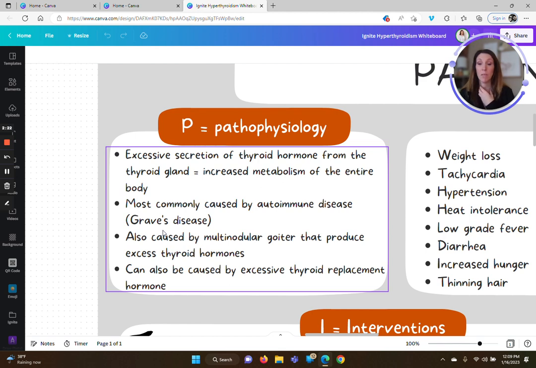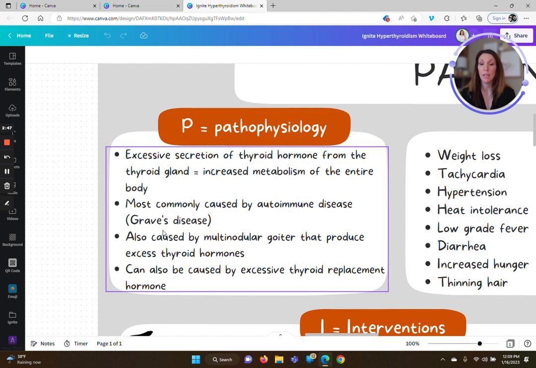And some of these growths can actually produce thyroid hormone. So this multinodular goiter, which is a reason for hyperthyroidism, is all these little nodules that develop on the thyroid that then develop their own hormone in addition to the hormone that your thyroid is already creating. So you get too much thyroid hormone, too much TSH and too much T4.